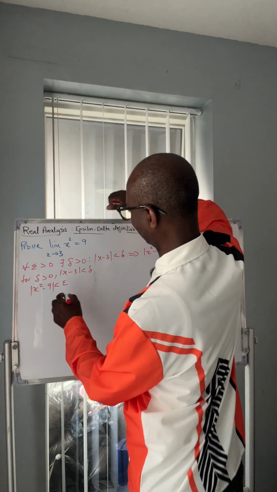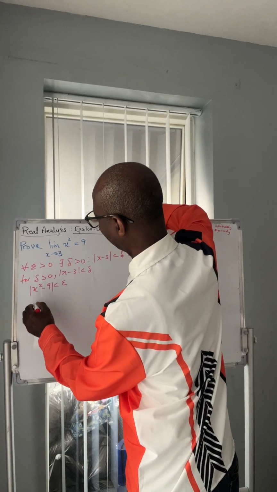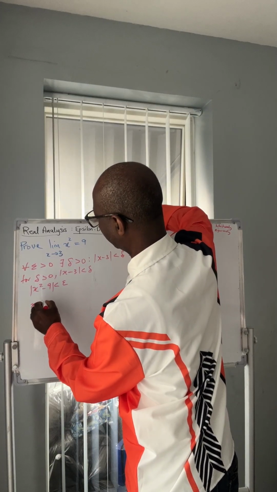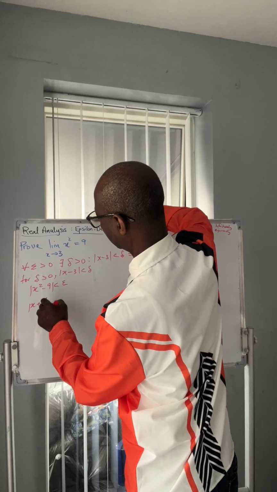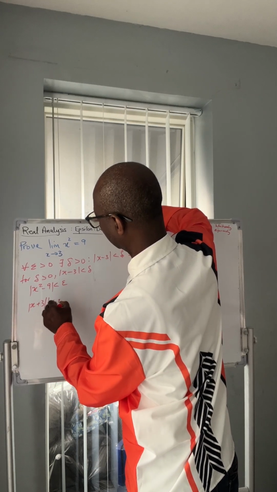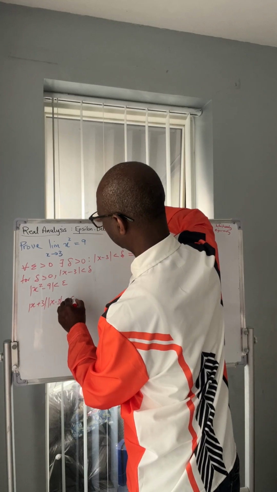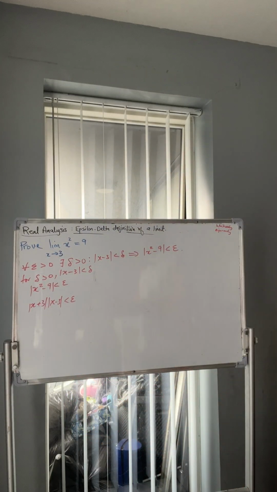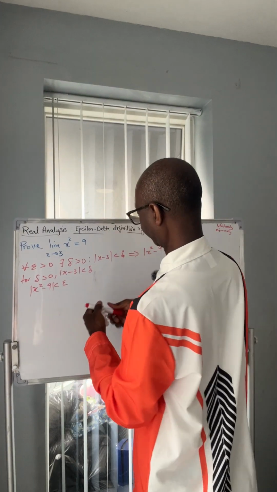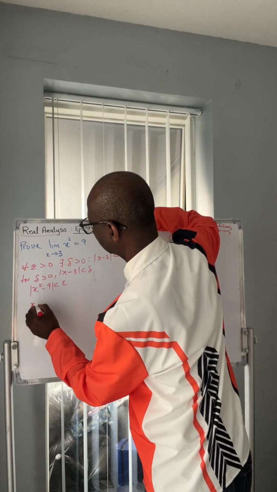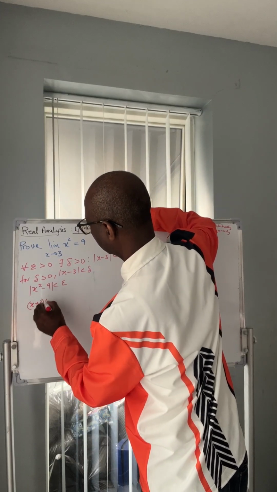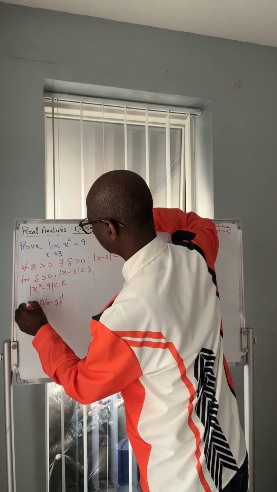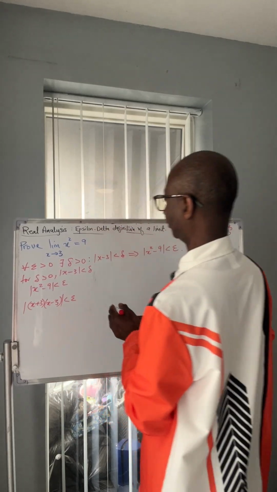So this implies that x plus 3 and x minus 3 less than epsilon. Agree? The difference of two squares. Let me explain it so that you can understand it. You have x plus 3, x minus 3 less than epsilon.